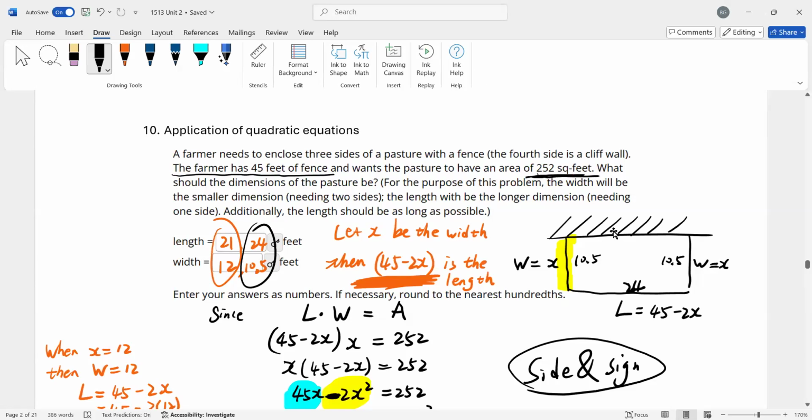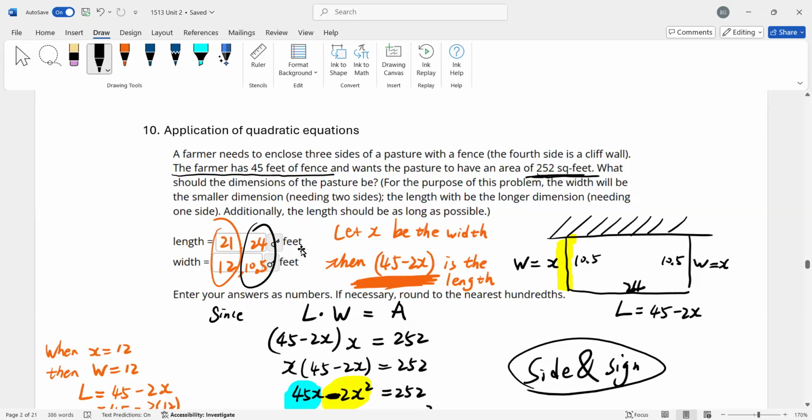However, there's very important information here. The last sentence says that additionally, the length should be as long as possible. Look at the two sets of solutions we got. The first set: length is 21, width is 12. The second set: length is 24, width is 10.5.